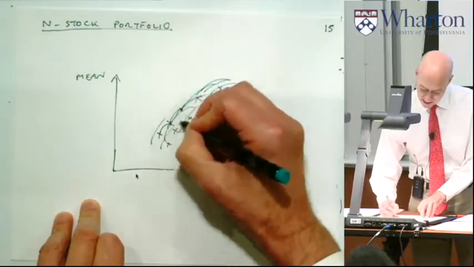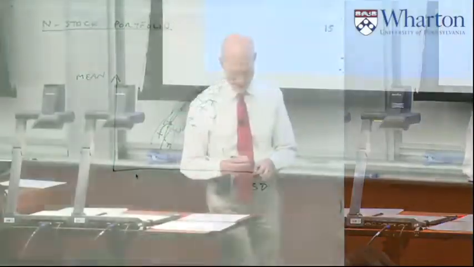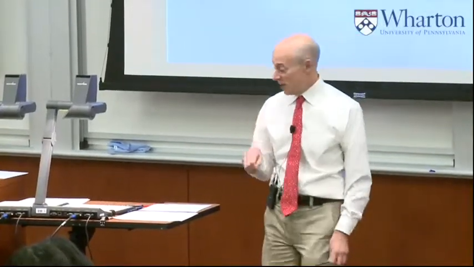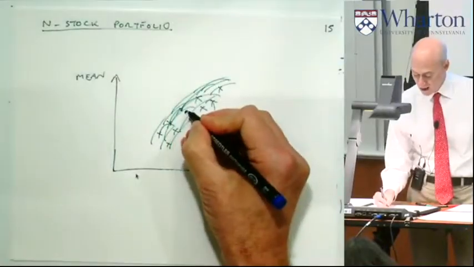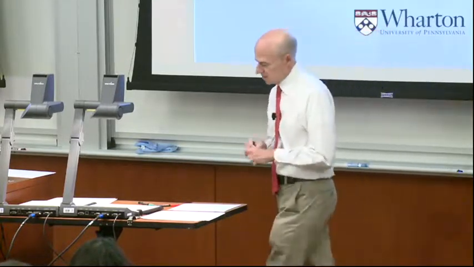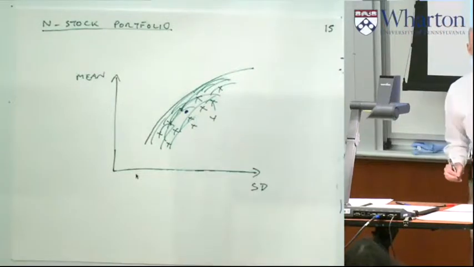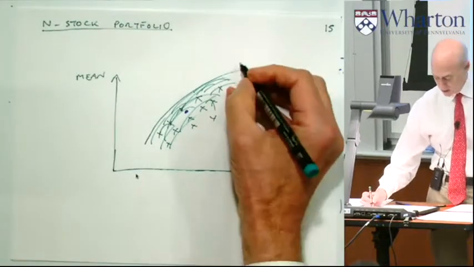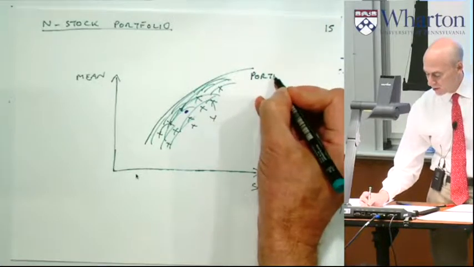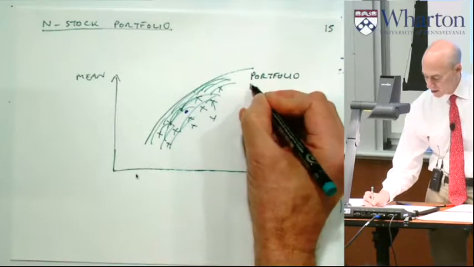And what we get is a big mess. But we can simplify things, because would you ever hold a portfolio like that? Can you do better than that? Same risk, what can you get? A higher return. So what we're going to argue is that what you're actually interested in is the northwest frontier of all these possibilities, and that's the portfolio efficiency locus.